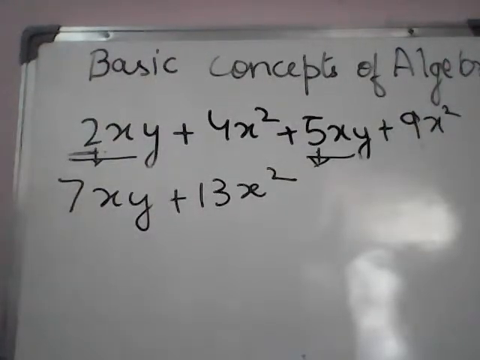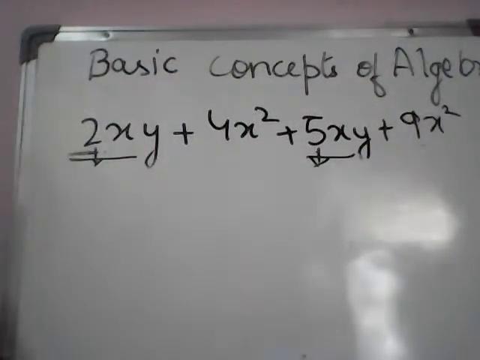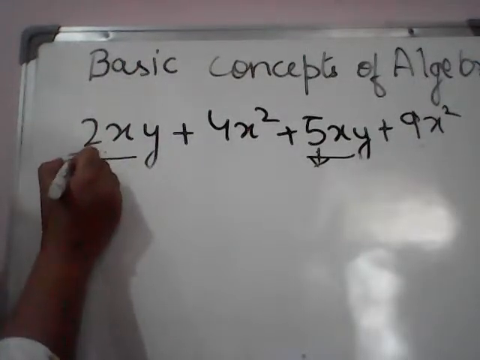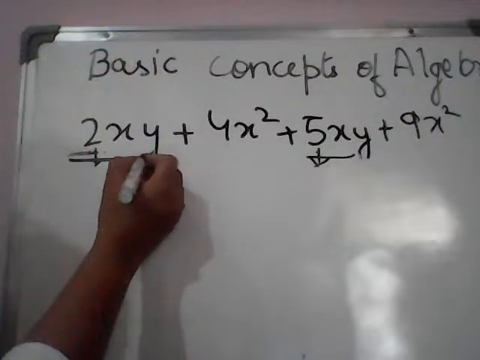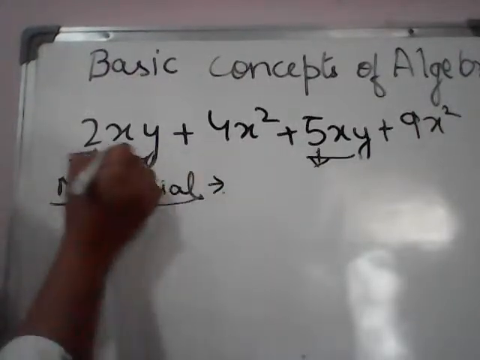And what are factors? Now, types of expressions. Monomials are expressions having just one term.